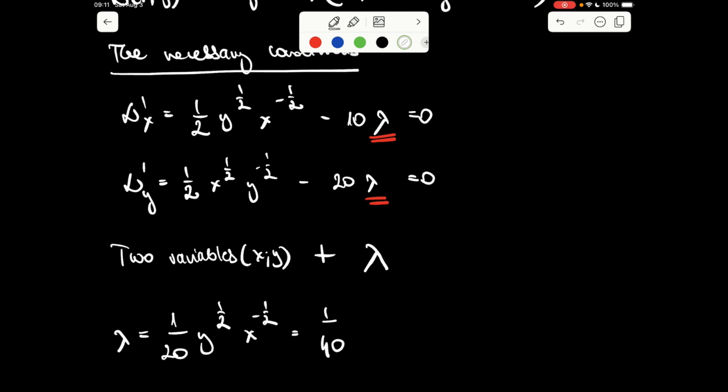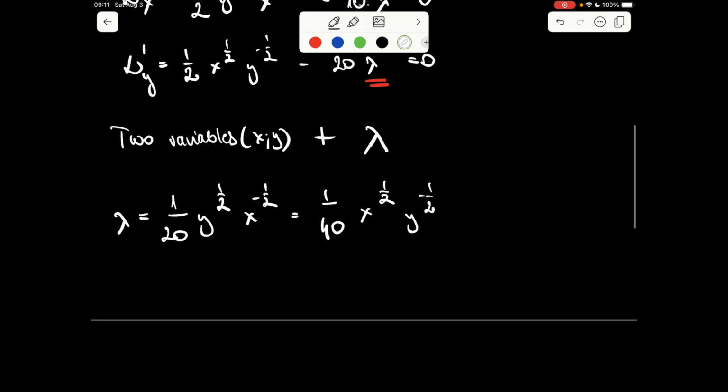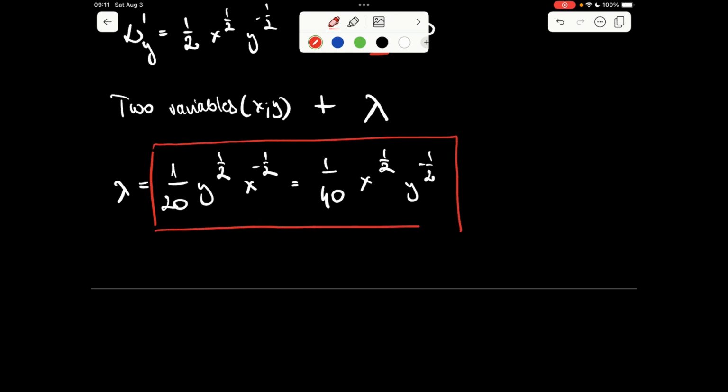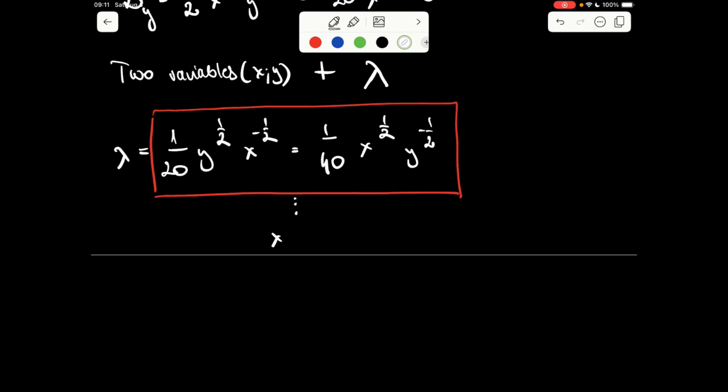So here we solve both equations for lambda, and by so doing we can reduce the number of unknowns. So now we have two unknowns without lambda, and from some manipulations it follows that x equals 2y.